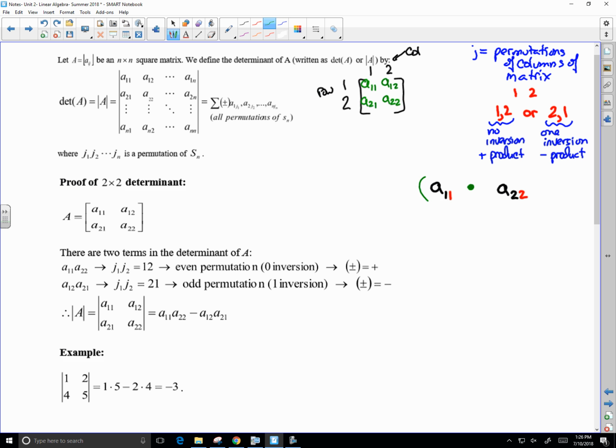The resulting product is going to be positive. And we're going to do the same thing for the other possible permutation. Going row by row, A1, A2. Because it's a negative inversion, we're expecting a negative product. And our permutation has us going for the columns of J, 2, then 1.